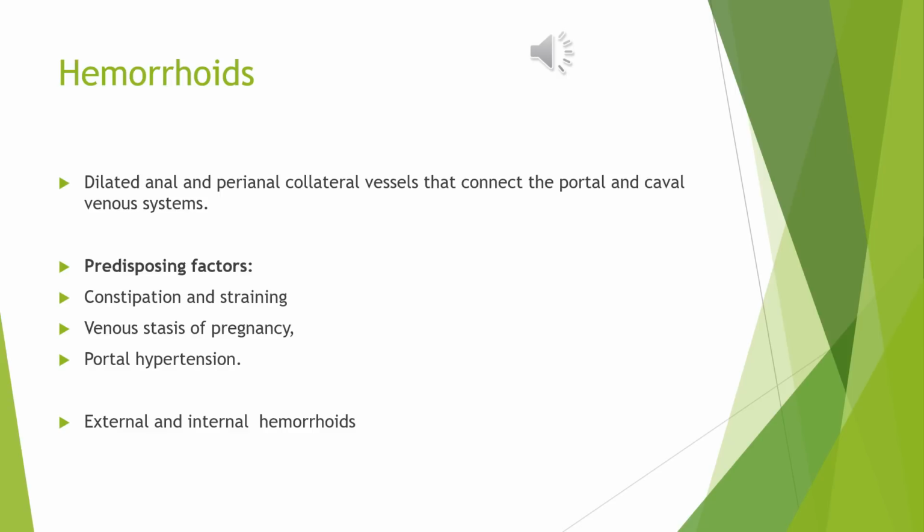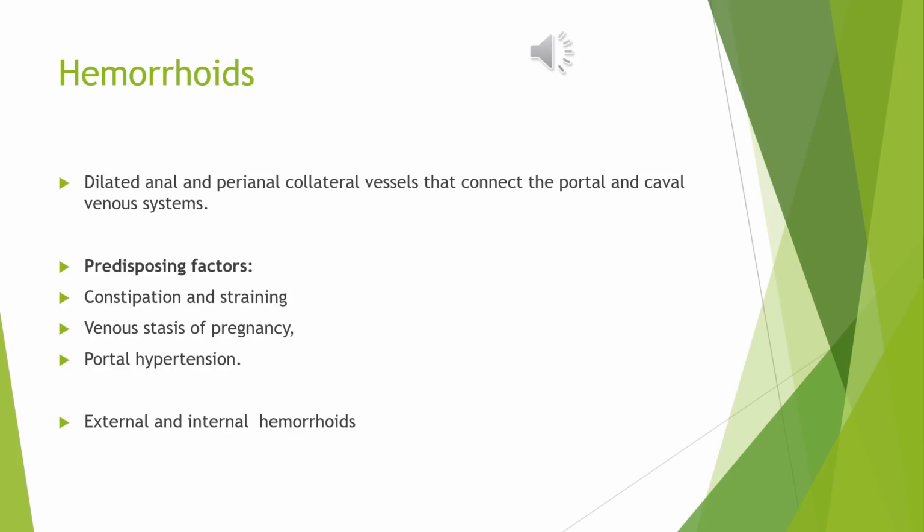They occur in association also with portal hypertension, because, as I explained earlier, the anorectal area is the site of the portosystemic anastomosis or portosystemic shunts. So hemorrhoids are dilated veins in the submucosal location in the anal area or the rectal area.